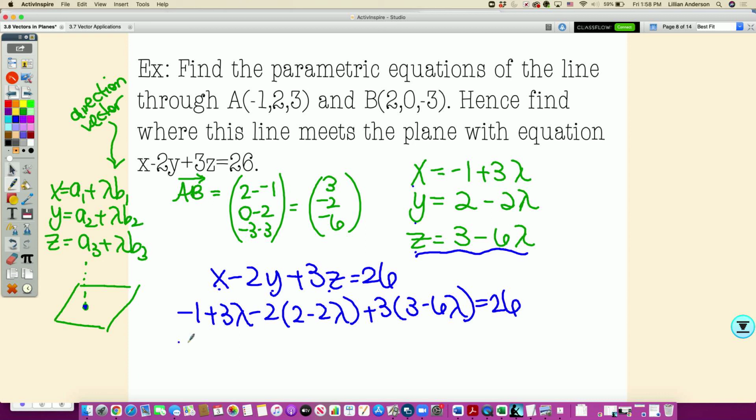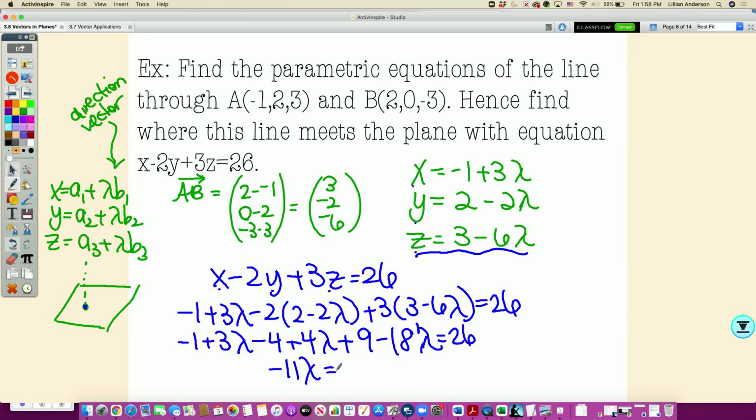So simplify. I'm just distributing, combining like terms. It's -11 lambda + 4 equals 26, that's what I got. Yep, so then subtract 4 from both sides, -11 lambda equals 22. So lambda is equal to -2.